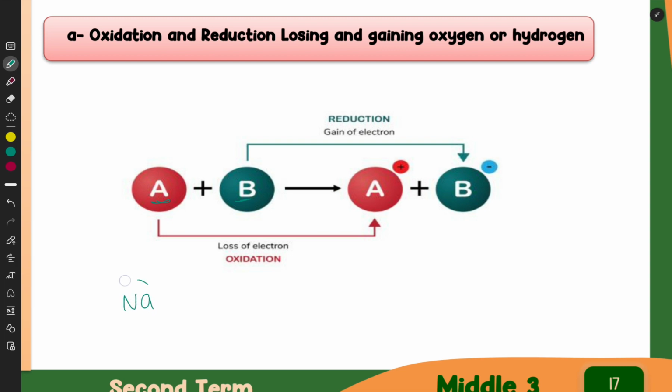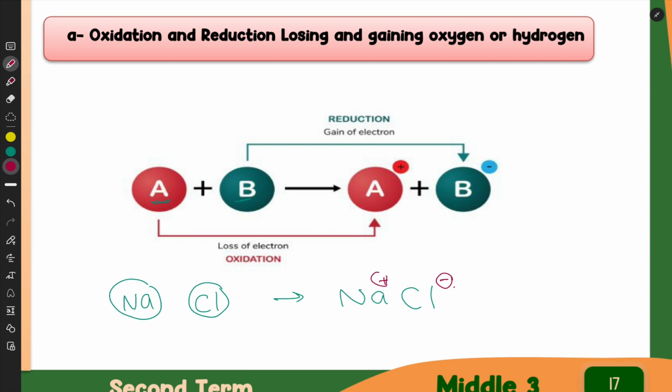If we add Na to Cl, what will happen? This will produce NaCl. What is the result? The Na is positive, the Cl is negative. What is the meaning of this? This means that the Na will lose one electron, so it will be positive, and the Cl, chlorine, will gain one electron, so it will be negative.